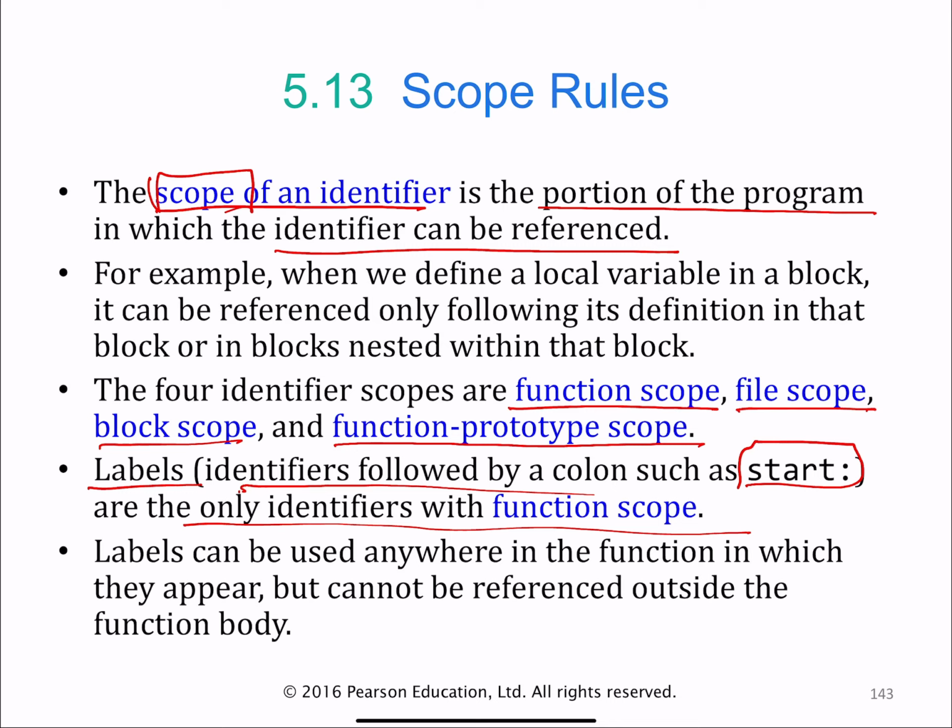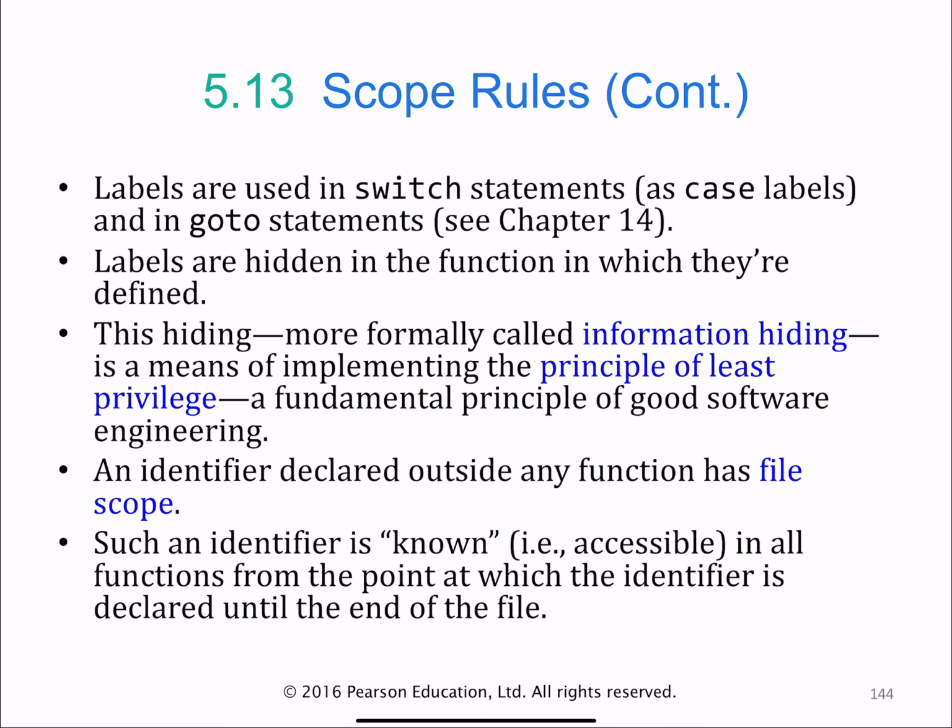Labels can be used anywhere in a function in which they appear but cannot be seen or referenced outside that same function. And an example of that is the use of labels in the switch statement for the case labels, and in go-to statements, which, like I said earlier, we will not be using.